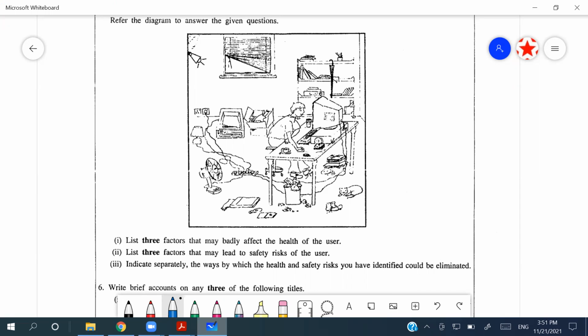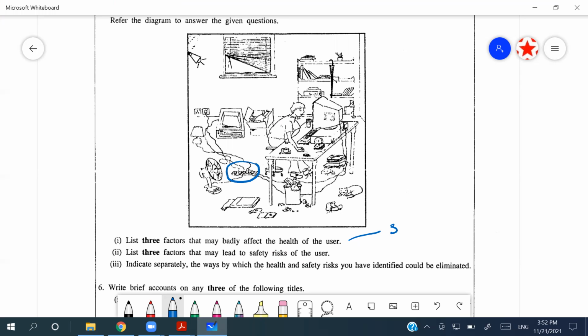The third one says indicate separately the ways by which the health and safety risks we have identified could be eliminated. So for 3 factors, you can have 3 marks if you have done that. And the second one is asking to list 3 factors that may lead to safety risk of the user. The safety risks: he has plugged all the devices into one power cord, so there can be power imbalance and these things.